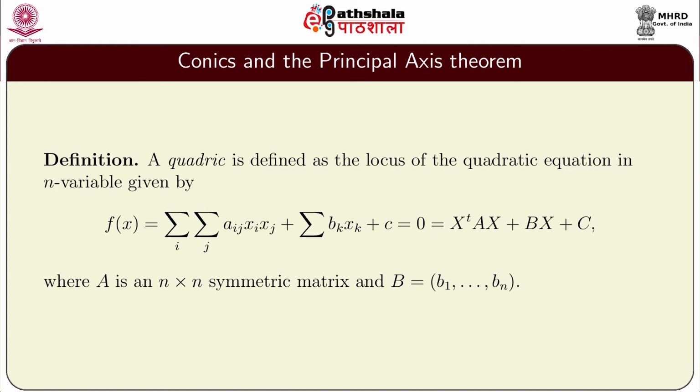So, you can see the monomials with the largest degree that appear in the expression are of degree 2. They are of the form xi xj, and then there is a linear part, that is the summation bk xk, and then there is the degree 0 part, that is the constant c.